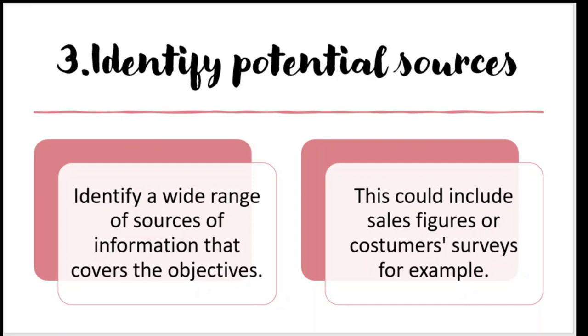Good examples of this could be customer surveys or sales figures. It is important that you are not biased, that the sources you're using will allow you, at the end, to get a result that will not be questioned.